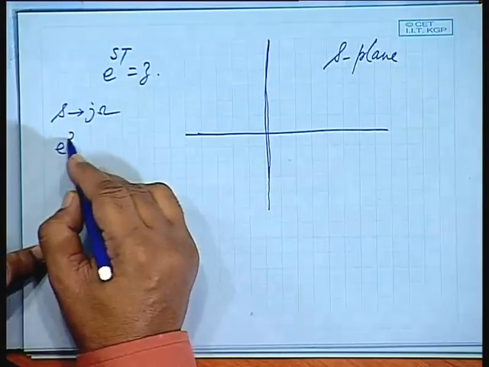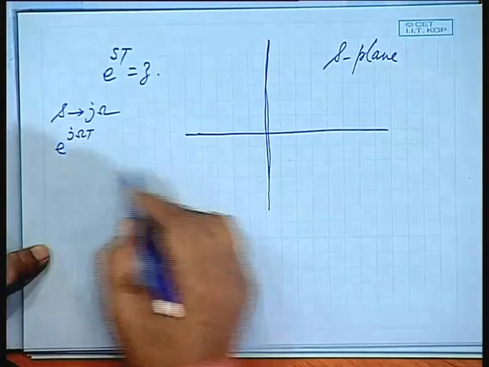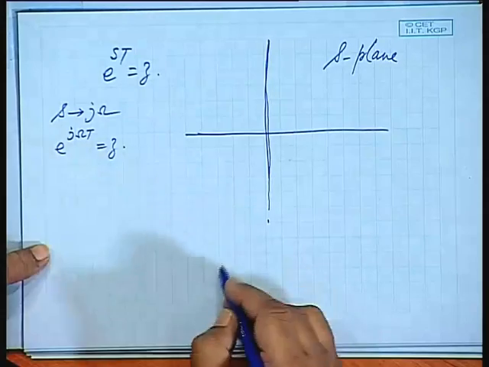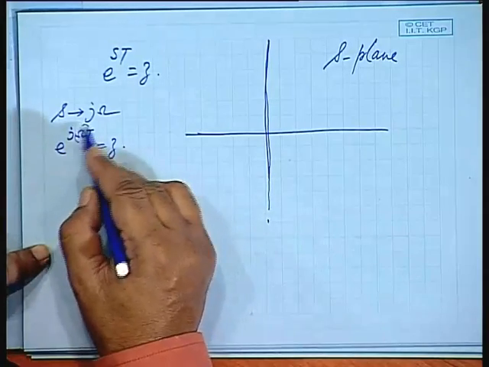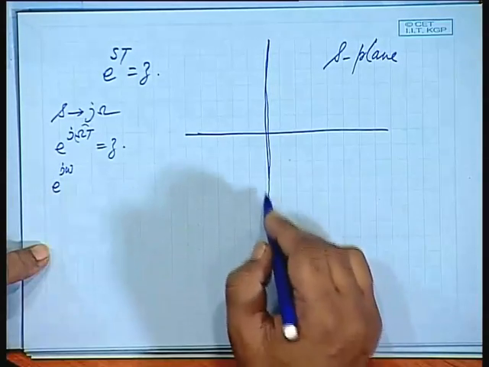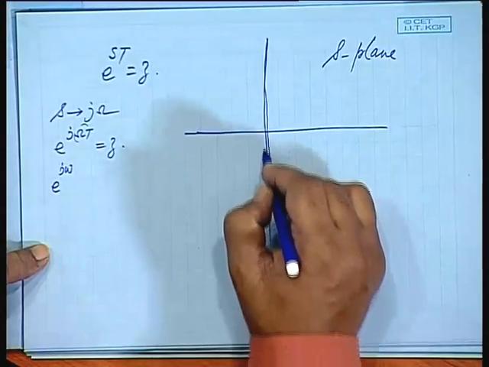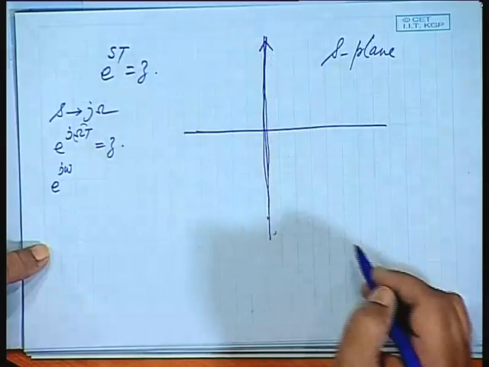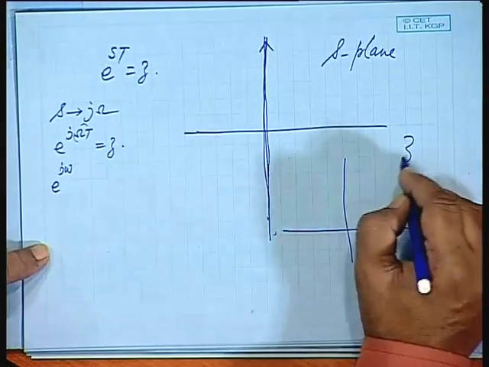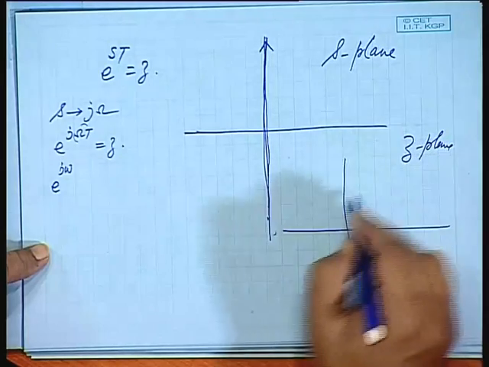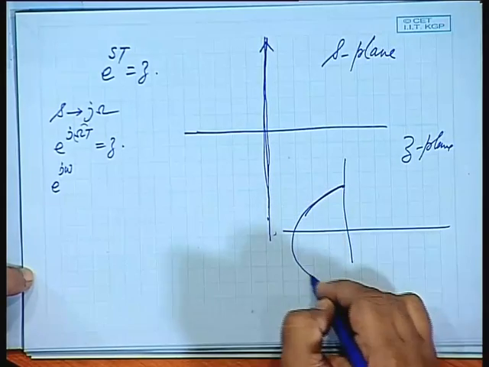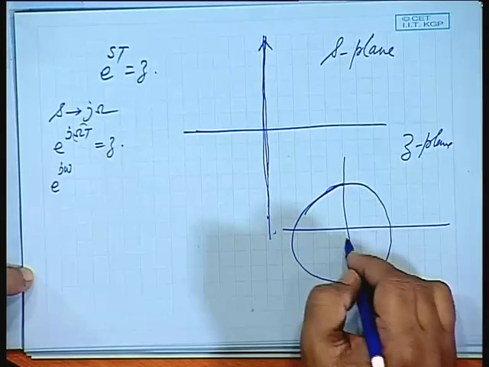So, e to the power j omega t is z, is it not? So, this particular line, imaginary axis, is mapped in the z plane as a unit circle. E to the power j omega is a unit circle, its magnitude is always unity, is it not?